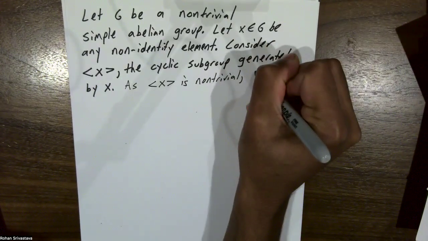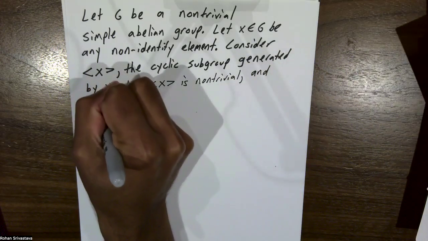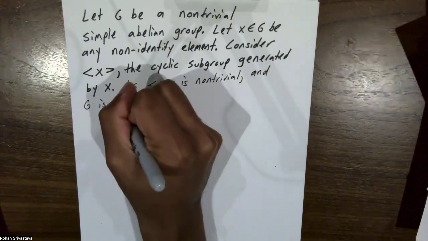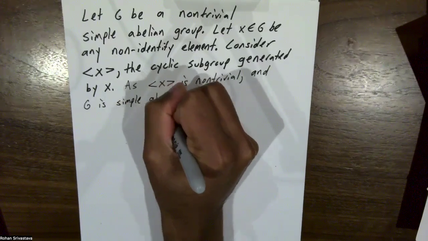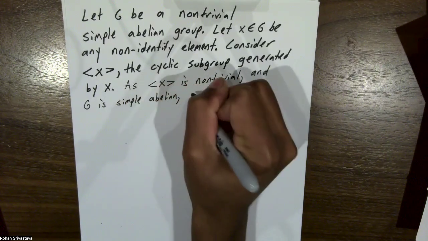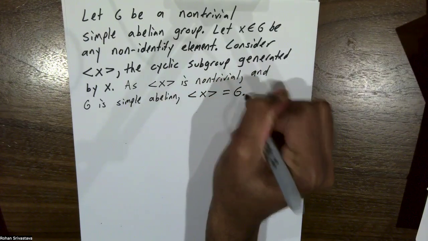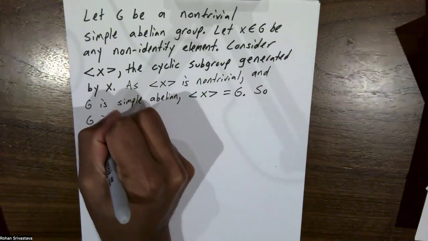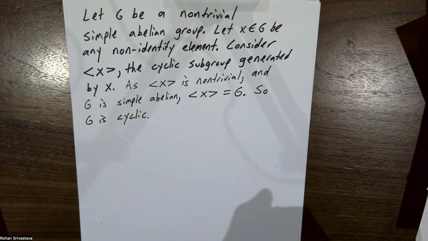So it must be the case that this is actually the whole group G. So G is cyclic, in particular, because it's equal to a cyclic subgroup.